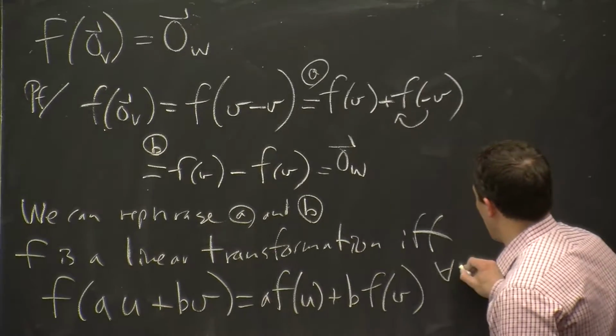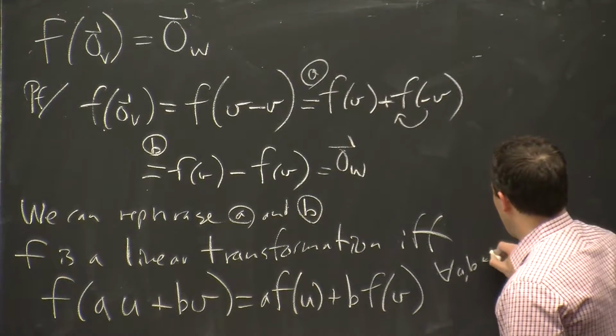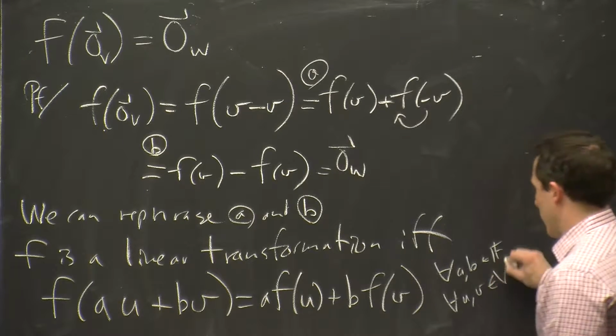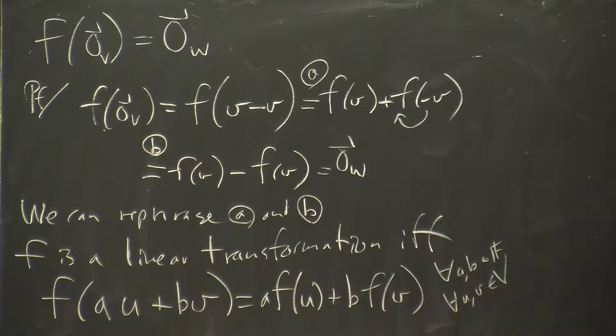And that's for all a, b in the field and for all u, v in the vector space V. So that's combining the scalar multiplication and the addition axioms, homogeneity and additivity.